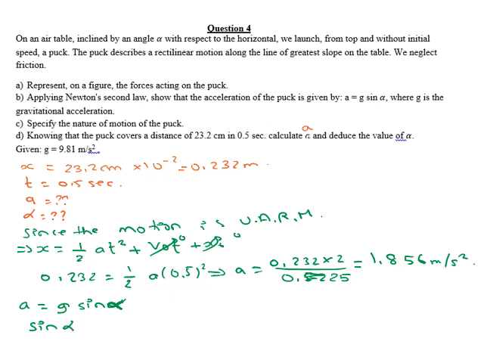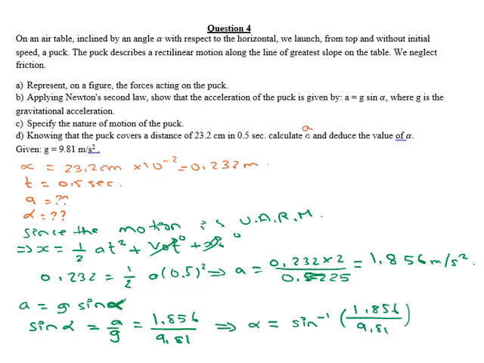Sine alpha equals a over g, equals 1.856 over 9.81. Then alpha equals sine minus 1 of 1.856 over 9.81, which is approximately equal to 11 degrees.